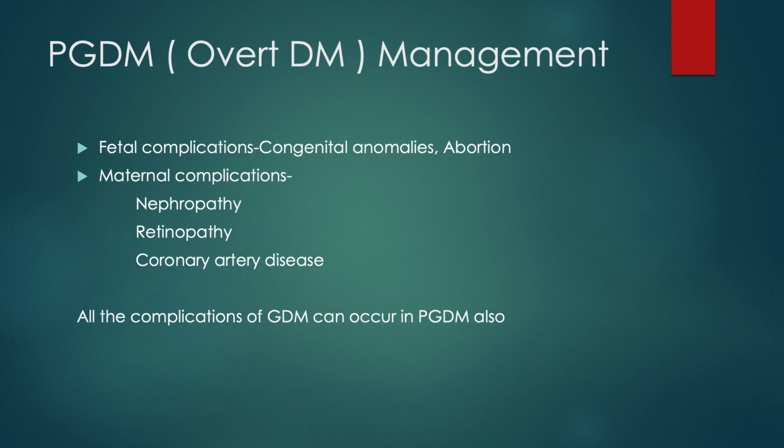We have discussed the obstetric management of GDM patients, that is, those women who develop or detect diabetes during pregnancy. What if she was already diabetic before pregnancy, what we call PGDM, or overt diabetes? Overt diabetes means a patient having PGDM but not detected prior to pregnancy.